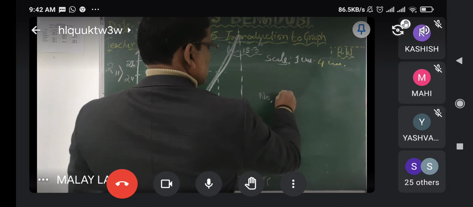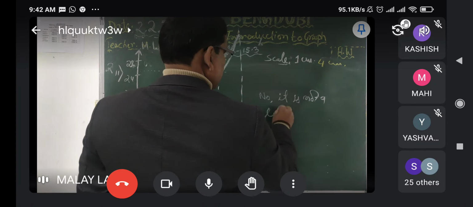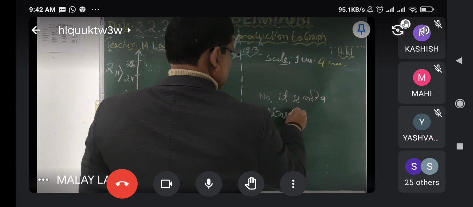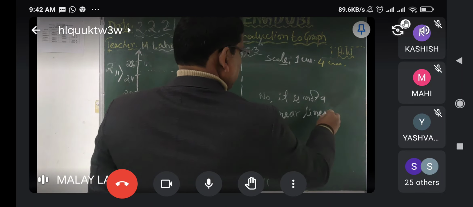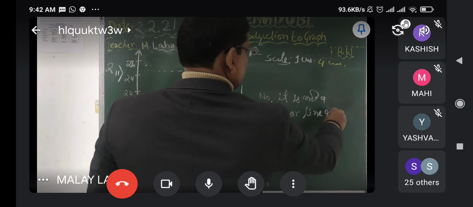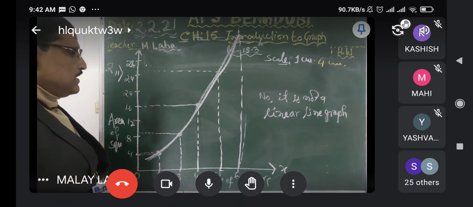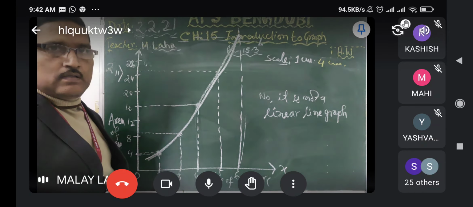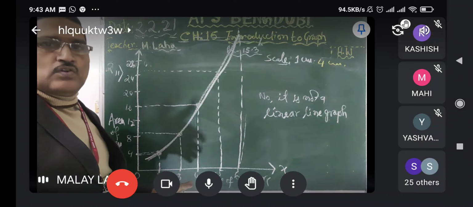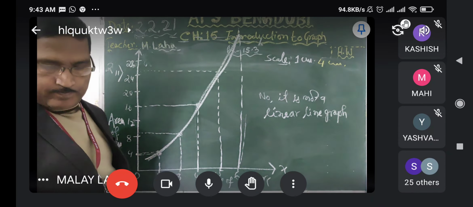It is not a linear line graph. That means side and area of a square does not follow the linear line graph.